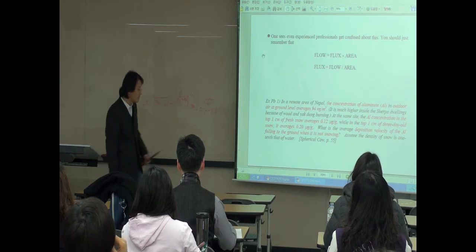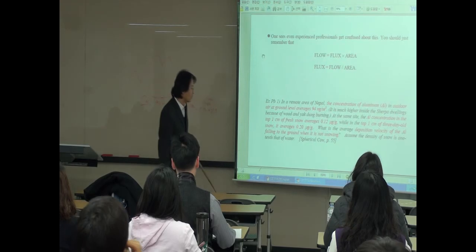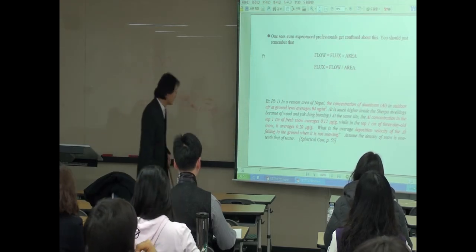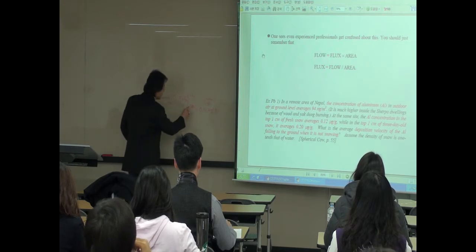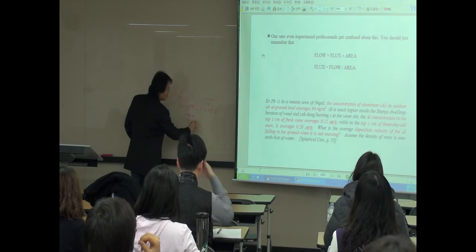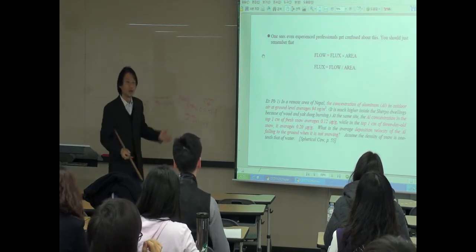And also 3-day snow, at the same site, top 1 centimeter, the aluminum concentration is 0.2 microgram per liter.